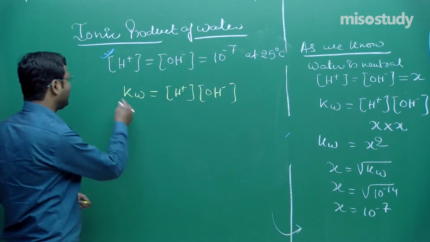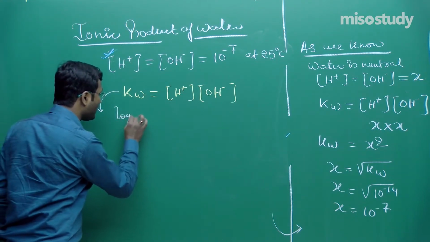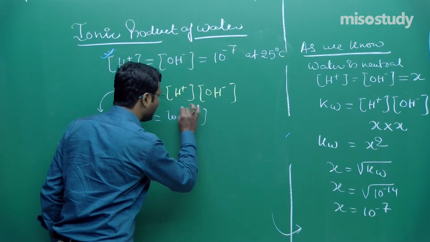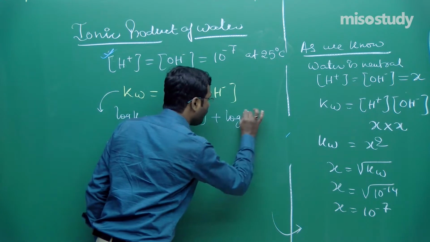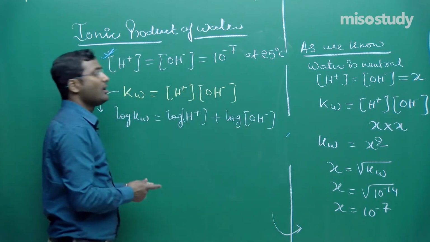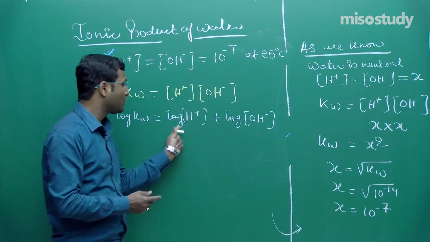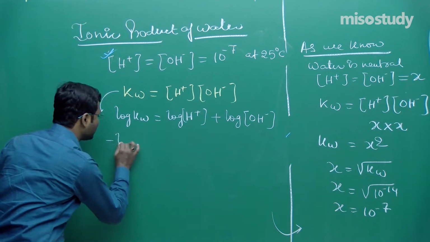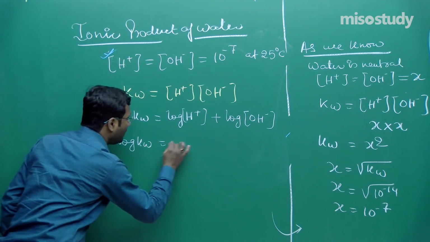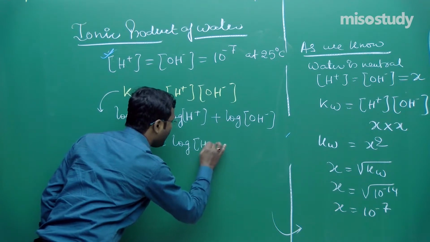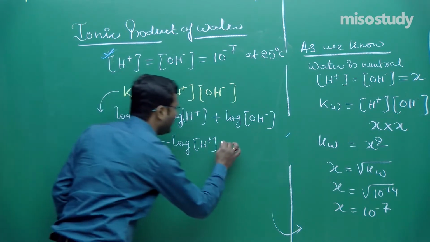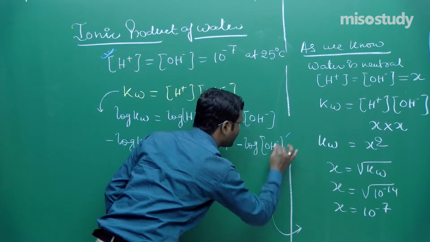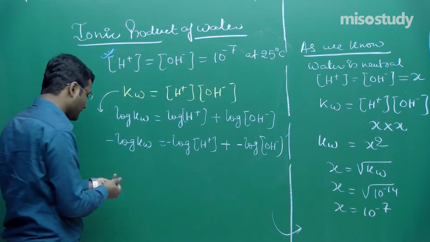Taking log both sides: log Kw is equal to log H plus ion concentration plus log OH minus ion concentration, because we know log A into B is equal to log A plus log B. Now taking minus sign, that is minus log Kw is equal to minus log H plus ion concentration and minus log OH minus ion concentration.